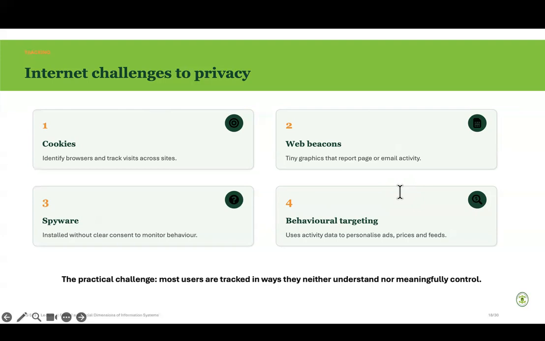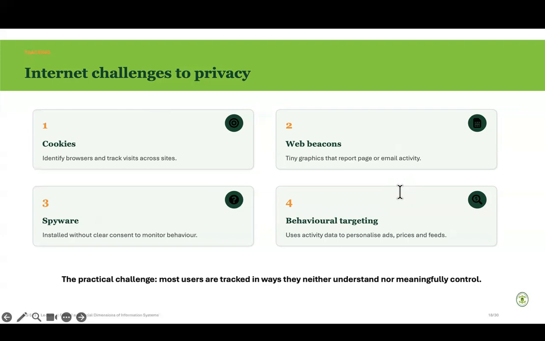And one thing many of us do is we click accept on websites without reading what we are accepting. And when we do this, it leads to a lot of things about our privacy.